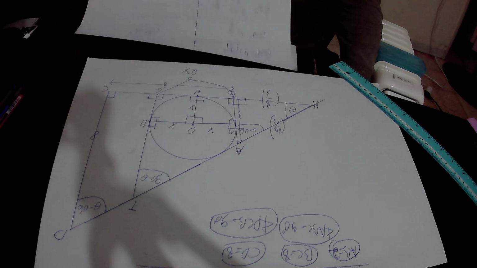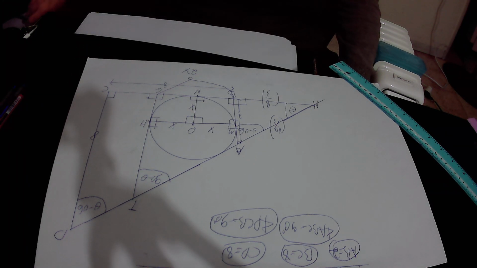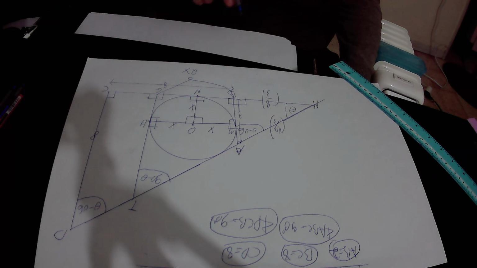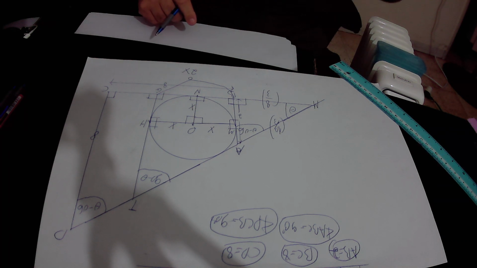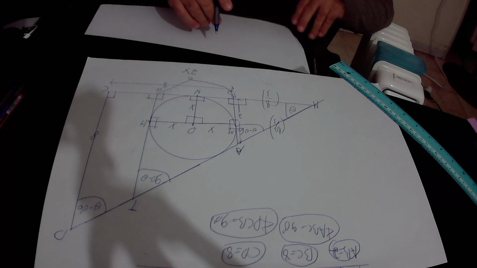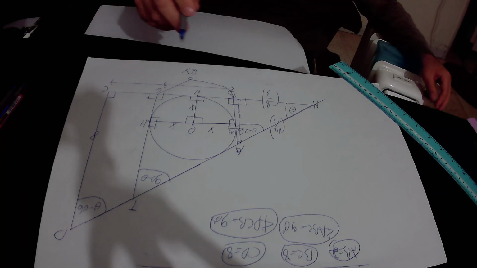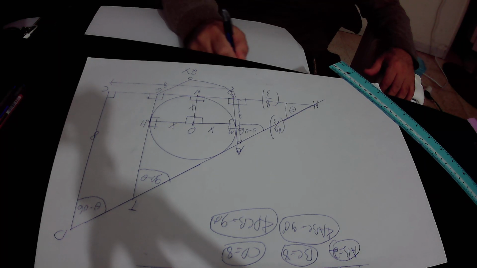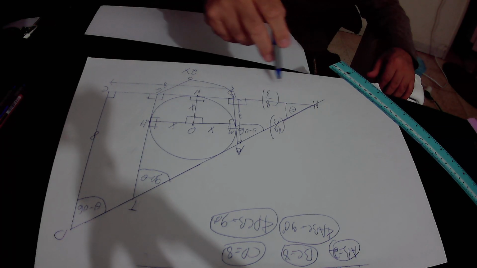In the next step, we'll prove that the big right triangle MTG is similar to the small right triangle AMB. So I write it down, the big triangle TMG is similar to the small triangle AMB.